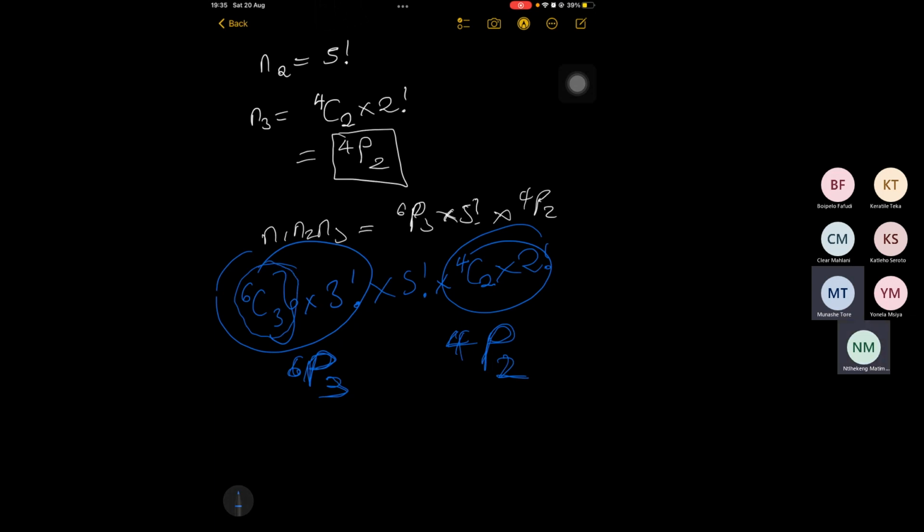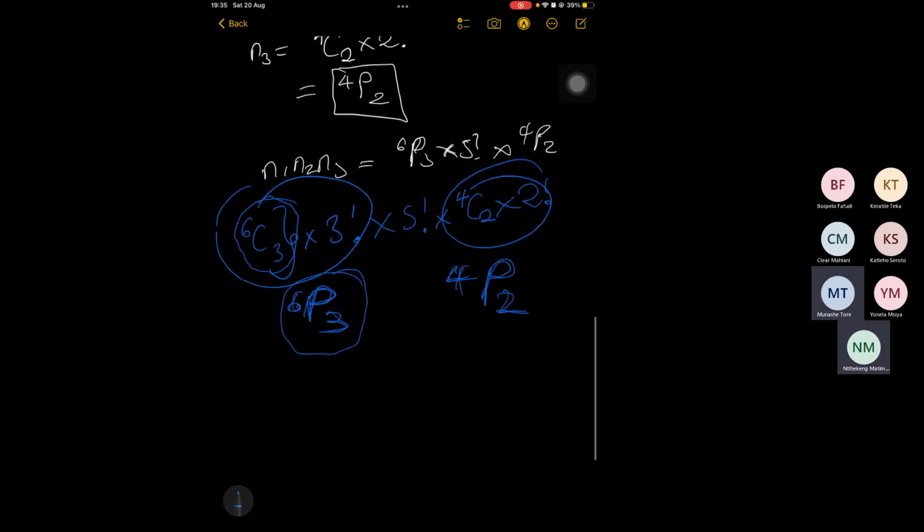You already chose 3 cars, but in how many ways can you group those 3 cars? It's going to be in 3 factorial ways, which is just 6 permute 3. So don't try to distinguish between a combination and a permutation problem as of yet. Just consider it as it is.